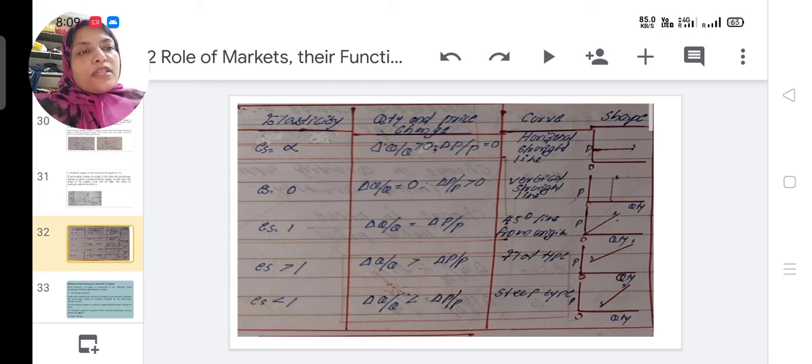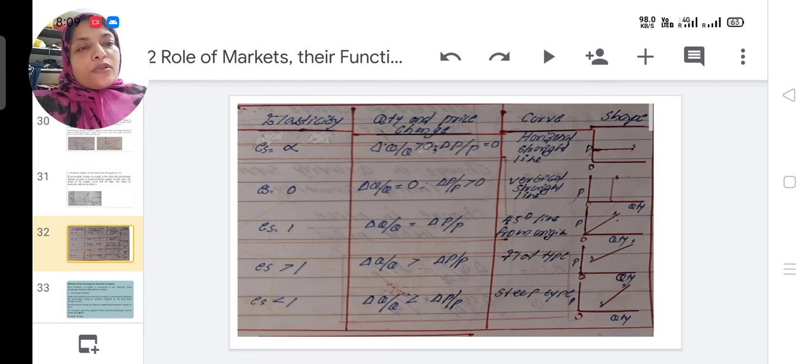Its curve is a horizontal straight line parallel to the x-axis. Second, perfectly inelastic, that is, the change in quantity is 0, while the change in price is greater than 0. Its slope is a vertical straight line.